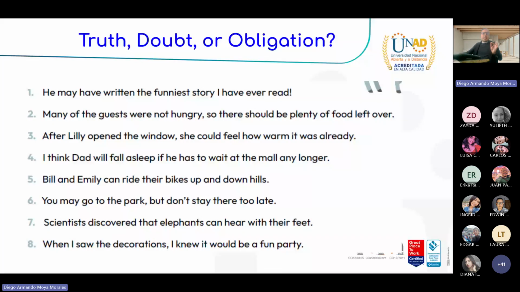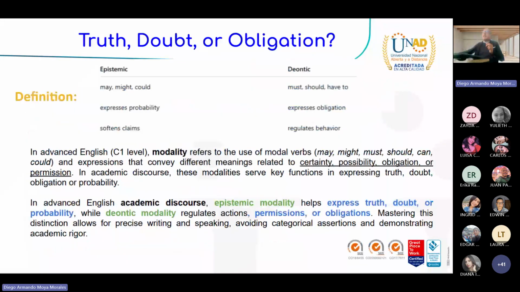Okay, so this is basically the first thing that we always do. Try to identify the modal verb and to know specifically what we want to show, what we want to express, let's say. And we are going to move to the next level. So this is basically something related to linguistics and more academic language.